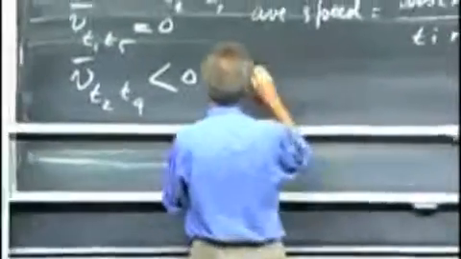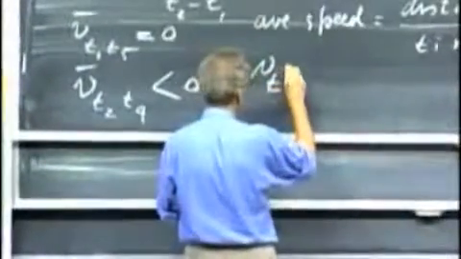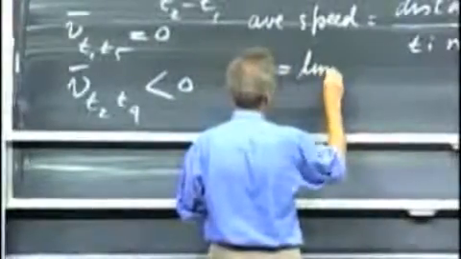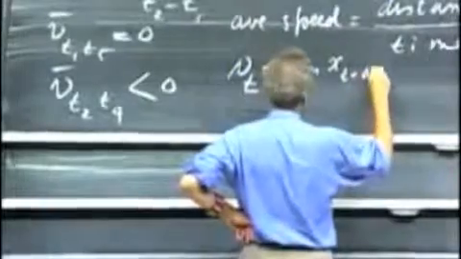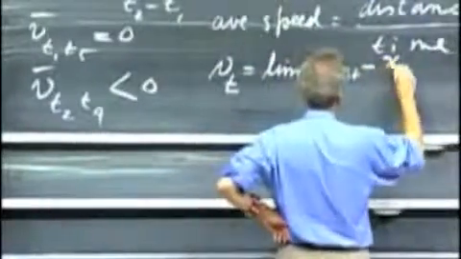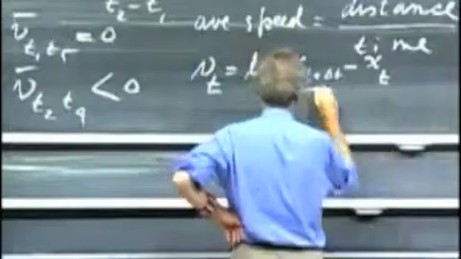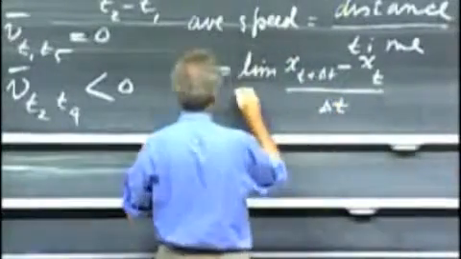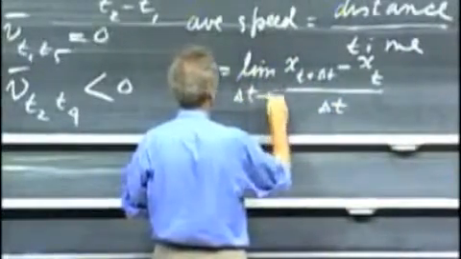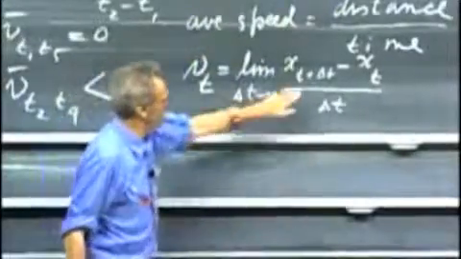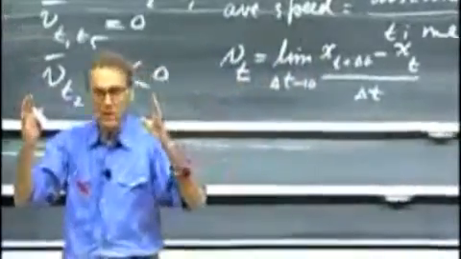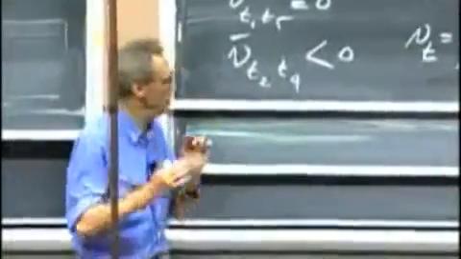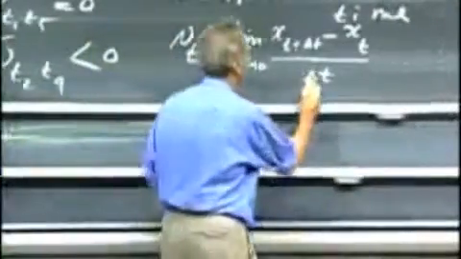The instantaneous velocity, v, and I pick a random time t, equals the limiting case for x measured at time t plus delta t, minus x measured at time t, divided by delta t, and I do that for delta t goes to 0. So think of this as being T3 and this as T2. I bring T3 closer and closer and closer to T2, and the time between them then goes to 0.